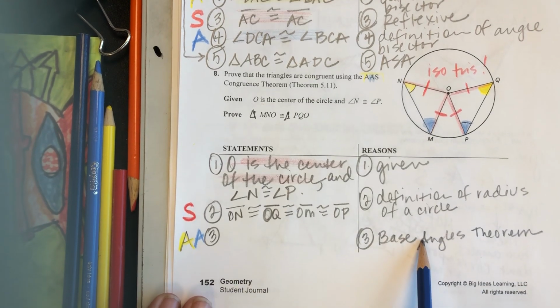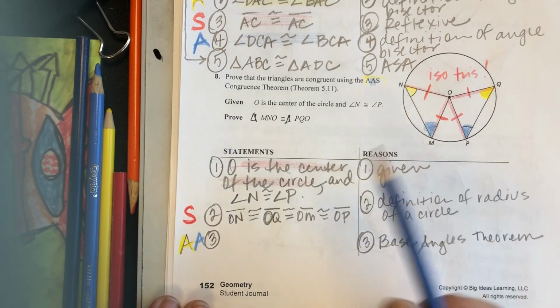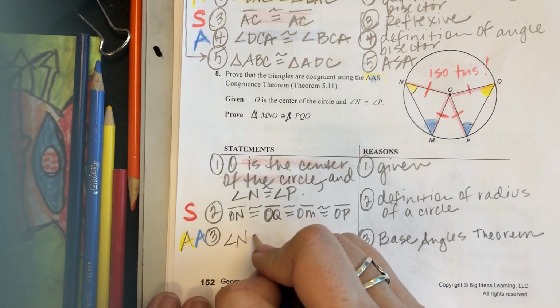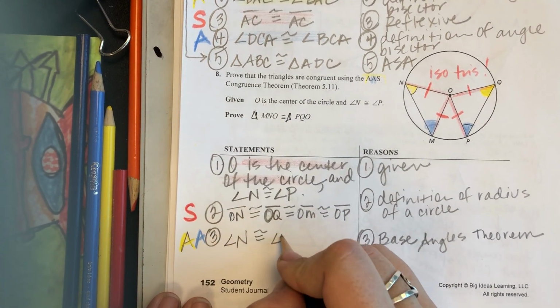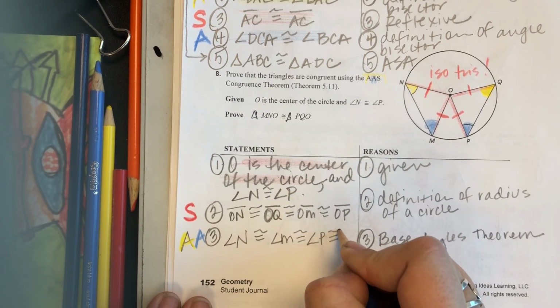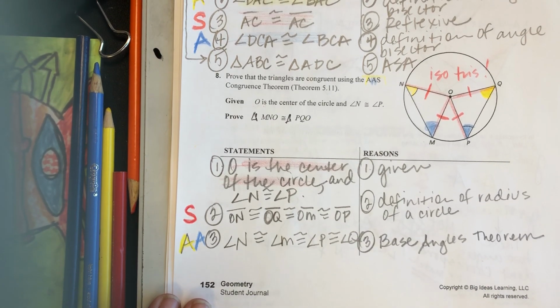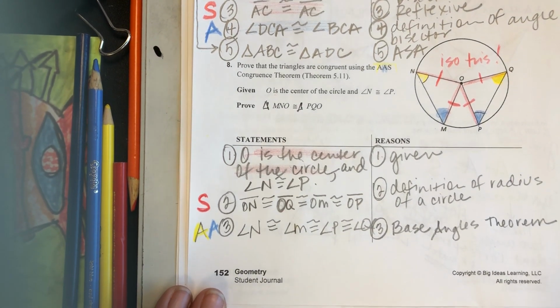Because by the base angles theorem, we can go around and say N, Q, M, and P are all the same. Angle N is congruent to angle M, congruent to angle P, which is congruent to angle Q. So my third step just showed all those angles are the same.